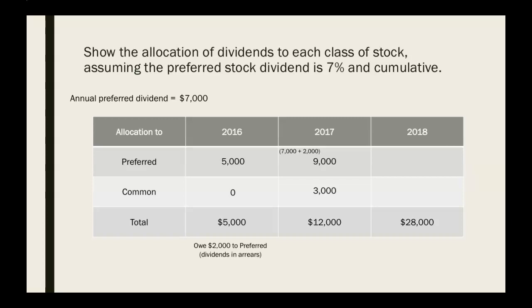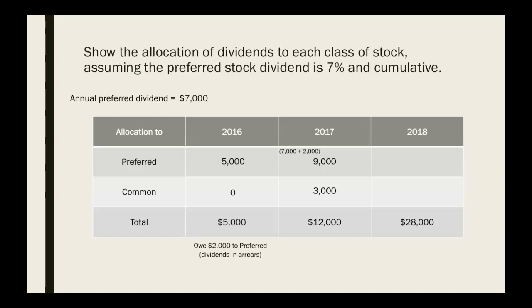So now we move on to 2018. In 2018, we declared a total of $28,000 of dividends. So we need to split up that $28,000 between preferred and common shareholders. Well, preferred are supposed to get $7,000 every year, right? That was our annual preferred dividend that we calculated on the last slide.